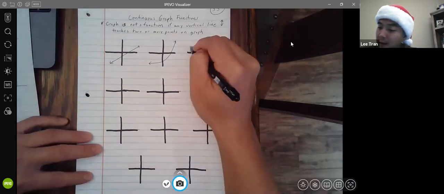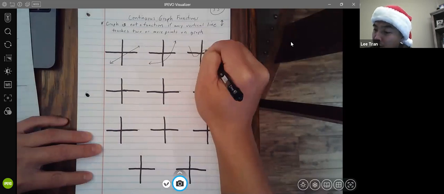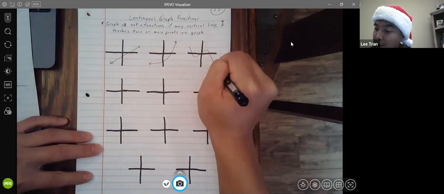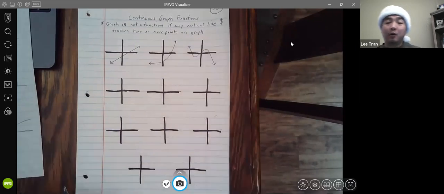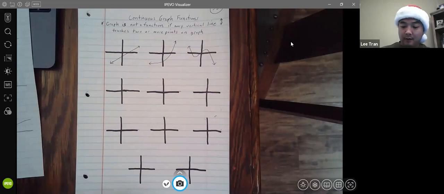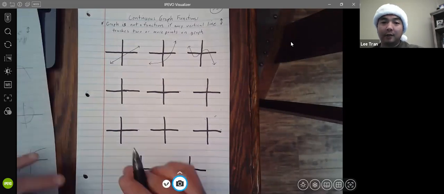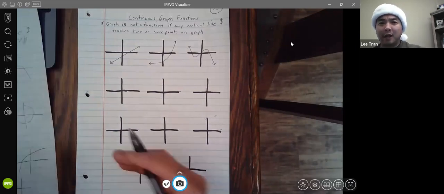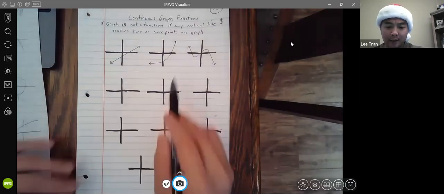On the third one, my graph's going to look like this. Okay, so unlike the graphs we did before that were individual points, these are continuous lines, not straight lines, but curves or lines.